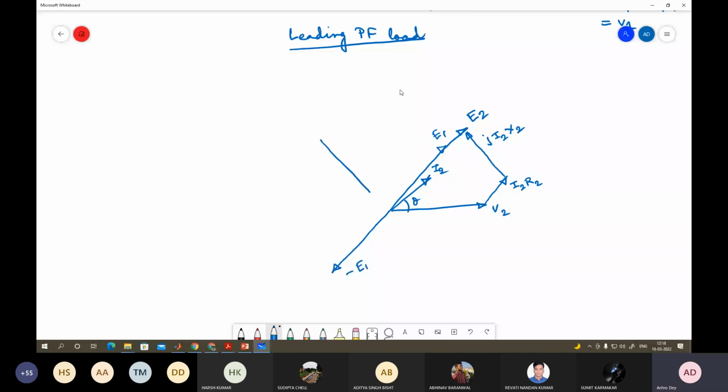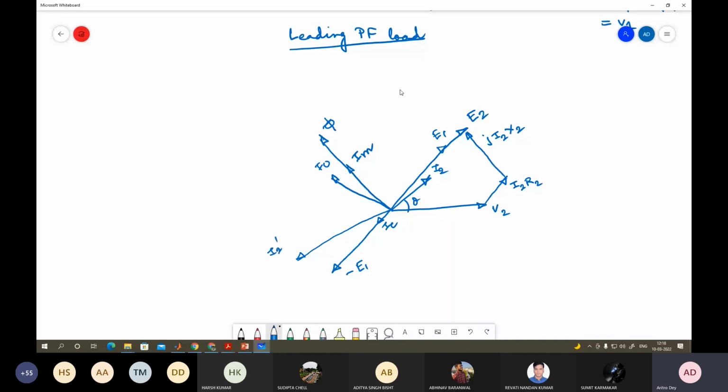This is your phi, and accordingly we'll have here Im, which is your magnetizing component of current, and this is the core loss component of current. If you take the phasor sum of these two, you will get your I0. And if this is I2, then you will get your I2 dash somewhere here.